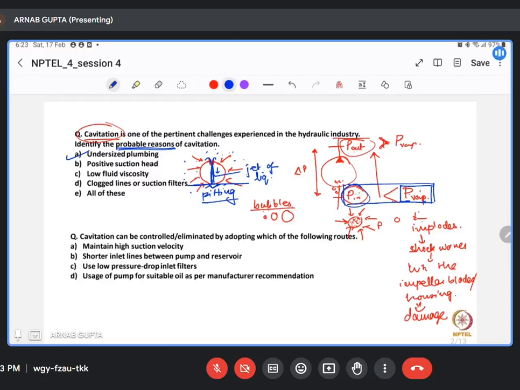So if you have P in minus P vap greater than zero, then that is positive suction head. If P in minus P vapor is less than zero, then that is negative suction head.